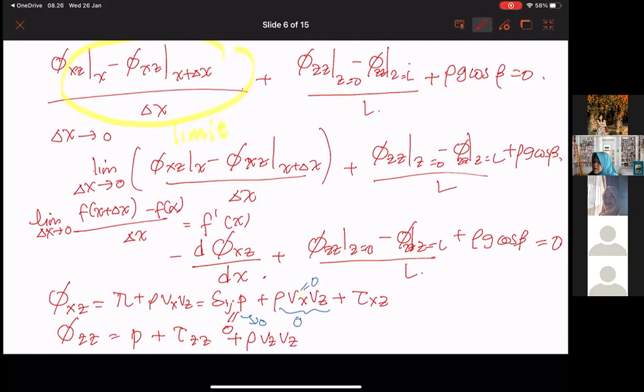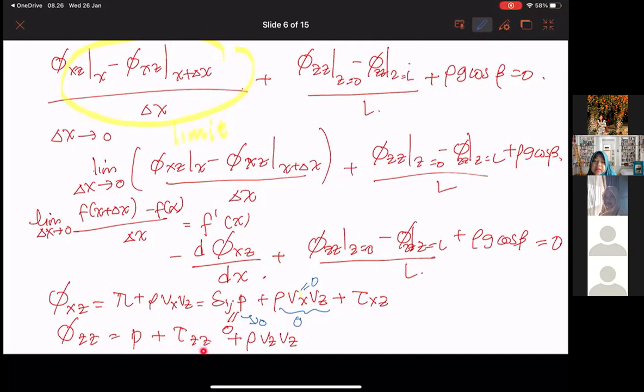Okay, now the question is, do we have the pressure? If there's any pressure on the CZZ, yes, we have pressure, of course. Okay, how about tau ZZ? Do we have tau ZZ?